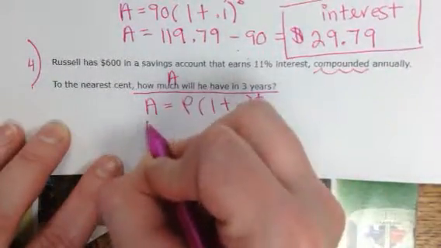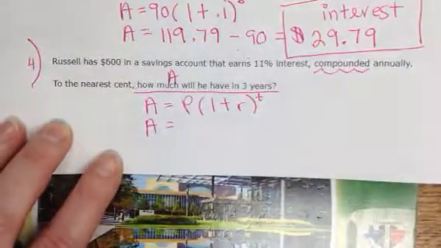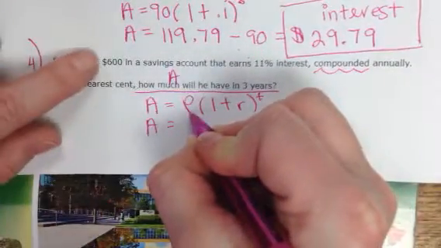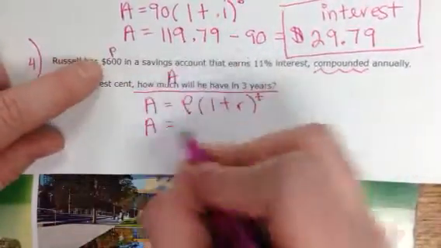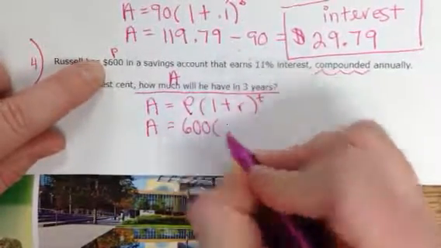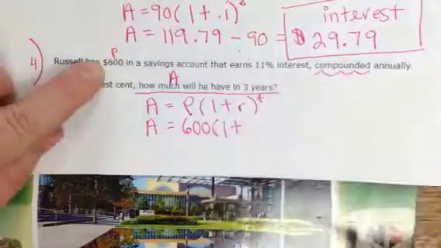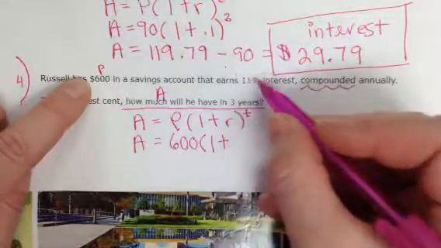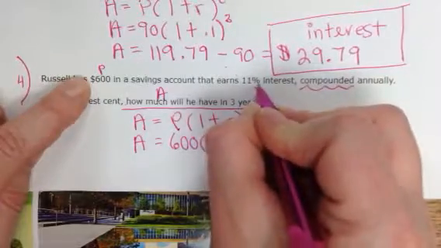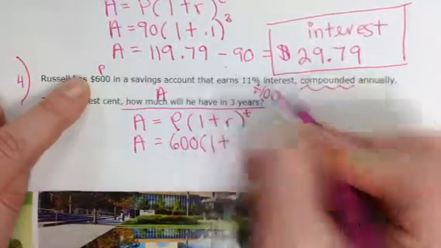They're asking for the ending amount, so I do not know A. The principal starting amount is 600. It has parentheses, 1 plus. I need the rate to be written as a decimal. It's a percent. That means out of 100.